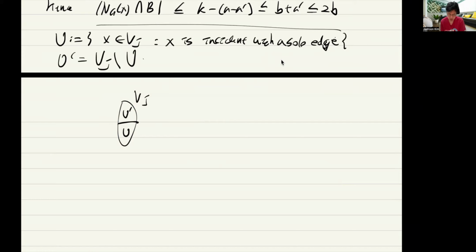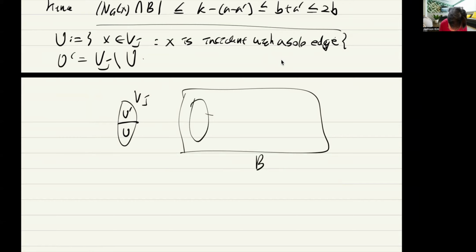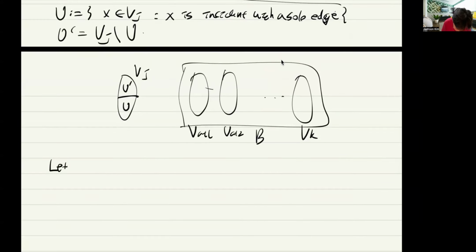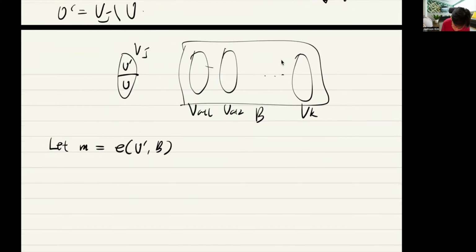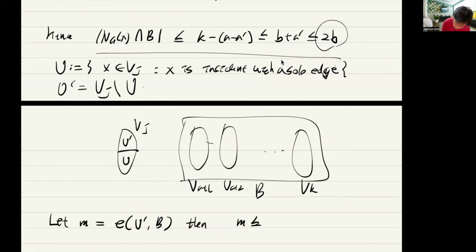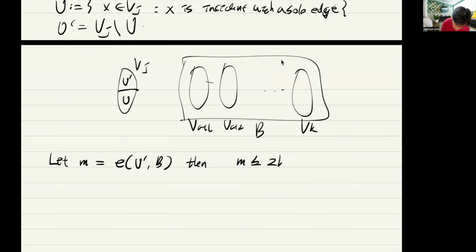So we have an upper bound on the edges going into these classes B(A plus 1), B(A plus 2), up to Bk. Let M be the number of edges between U prime and B. Then what do you know? M is at most 2B times the size of U prime.